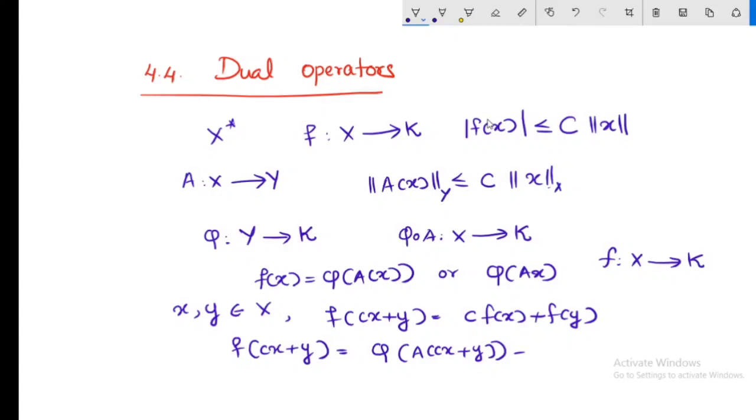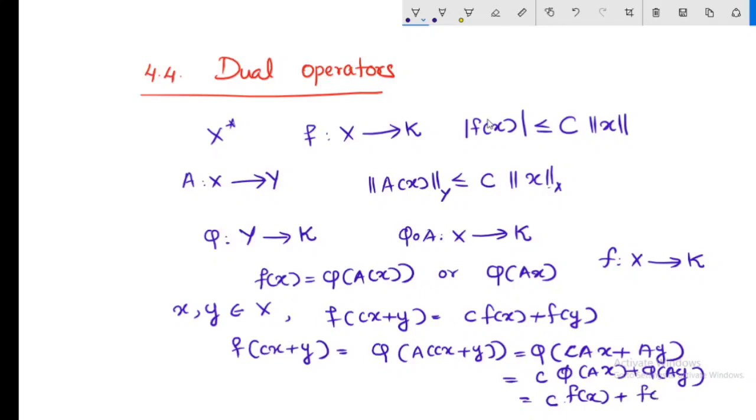But A is linear, therefore phi of c Ax plus Ay. Phi is also linear, therefore this is actually c phi of Ax plus phi of Ay, and this is equal to c times phi Ax, which is f of x, plus phi Ay, which is f of y. So f of cx plus y is equal to c f of x plus f of y. This implies f is linear.